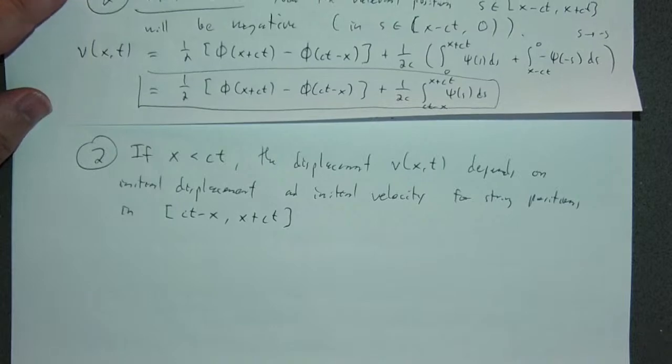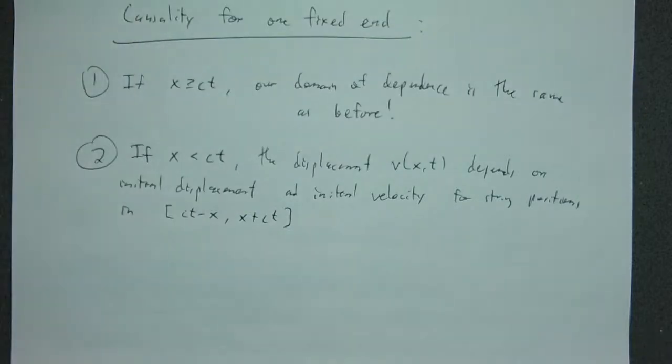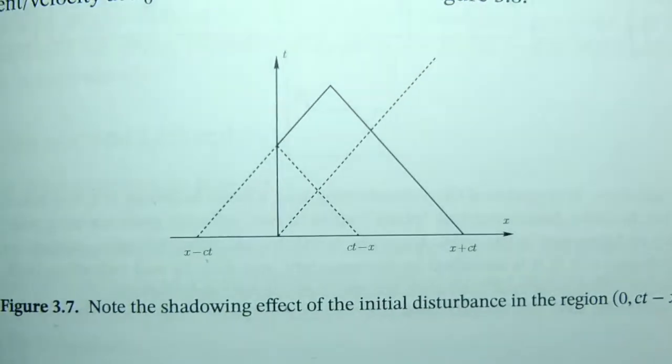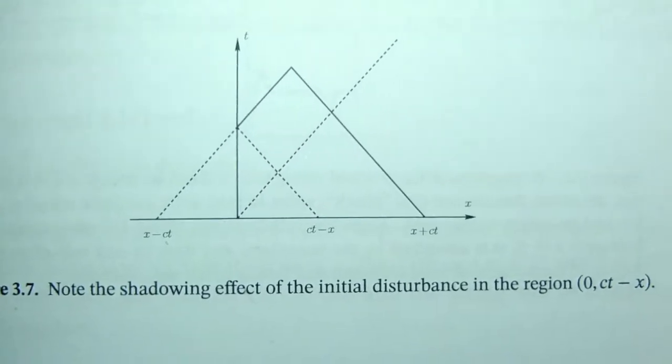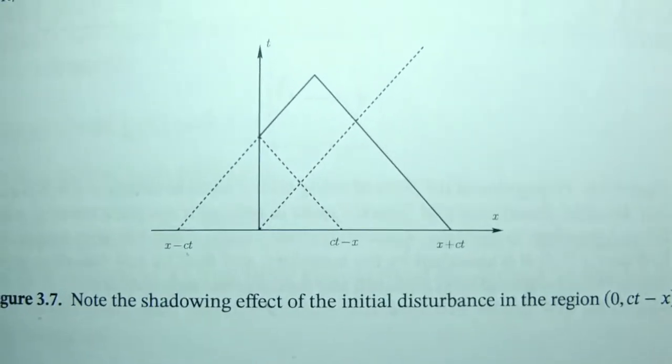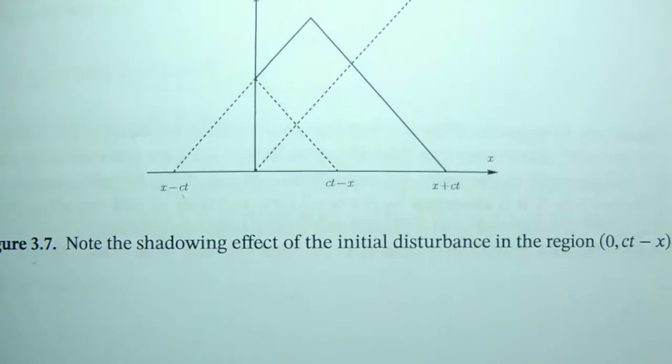Let's see what happens here when I actually look at a picture. So rather than me spend the time drawing a picture, I'm going to show you a very nice picture in the textbook. There we go. Okay. So what is it that's going on here?